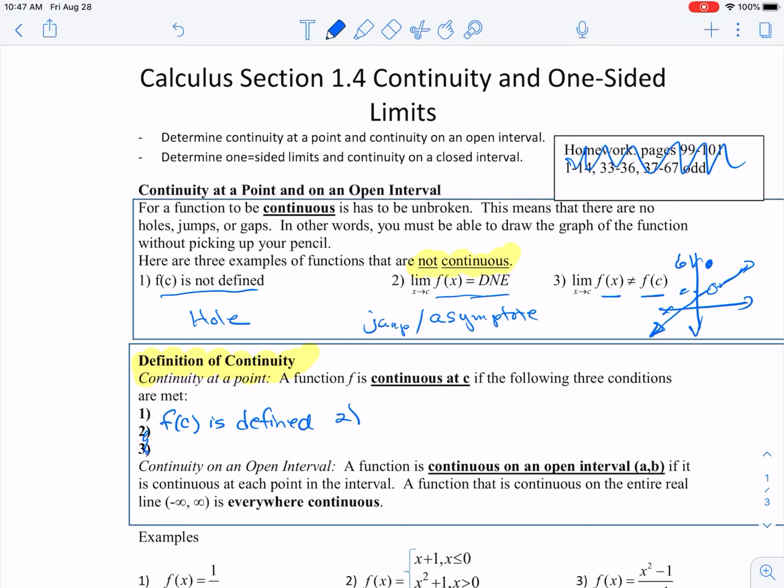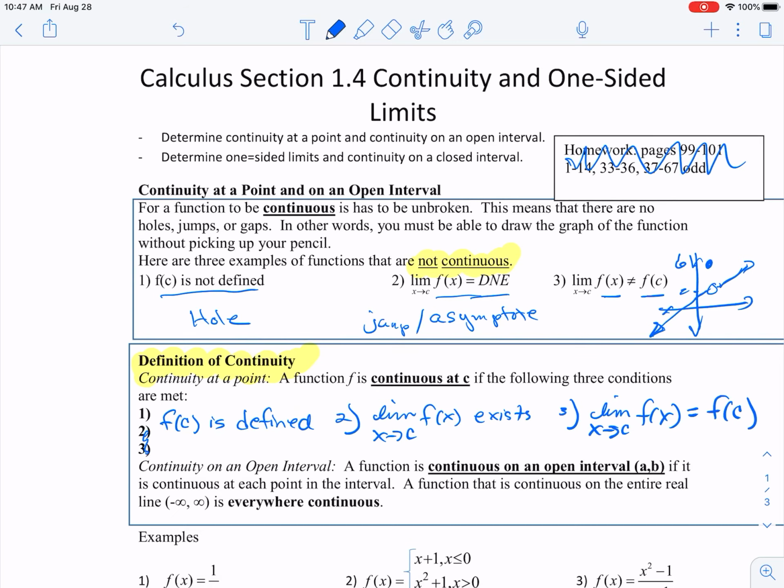The second one is the limit as x goes to c of f of x exists. And number 3, the limit as x goes to c of f of x is equal to f of c. All 3 conditions must be met in order for it to be continuous.